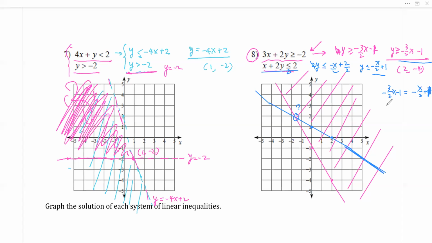So here it becomes negative x equal positive 2, x equal negative 2. When you put negative 2 inside, negative 2 divided by 2 is negative 1, and y becomes 2. So the cross point is negative 2, 2.